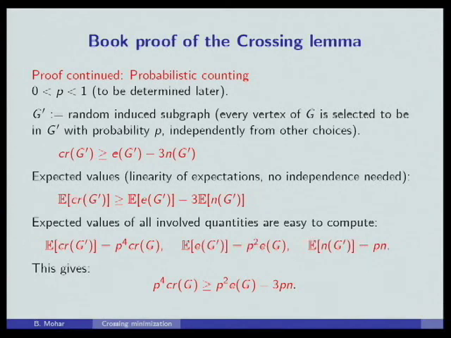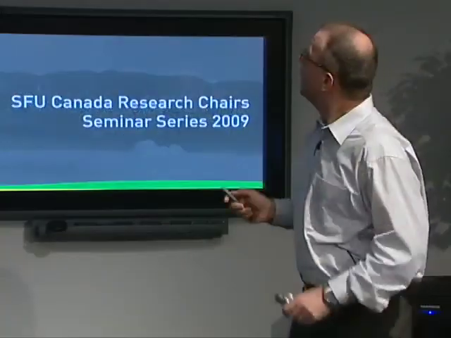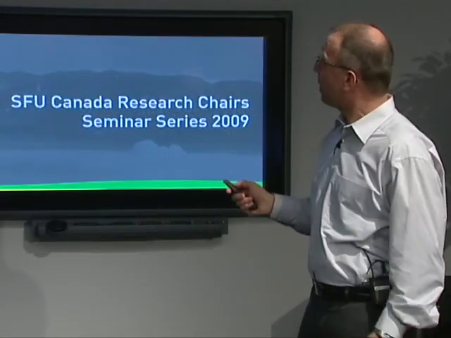I choose a number between 0 and 1. This will be a probability. Let's think about 1/2, which is nice. 1/2 means you flip a coin. And then for every vertex of your graph, you flip a coin with this probability, and if it comes up tails, you take that vertex.